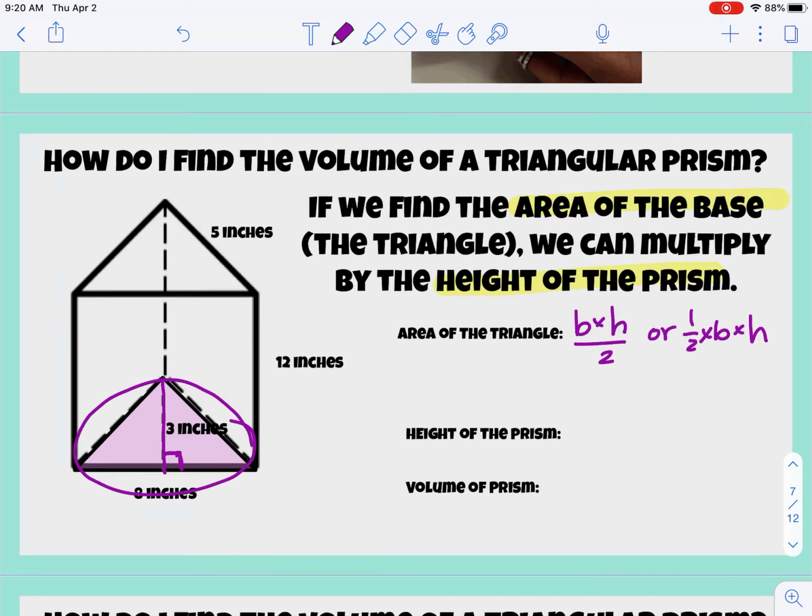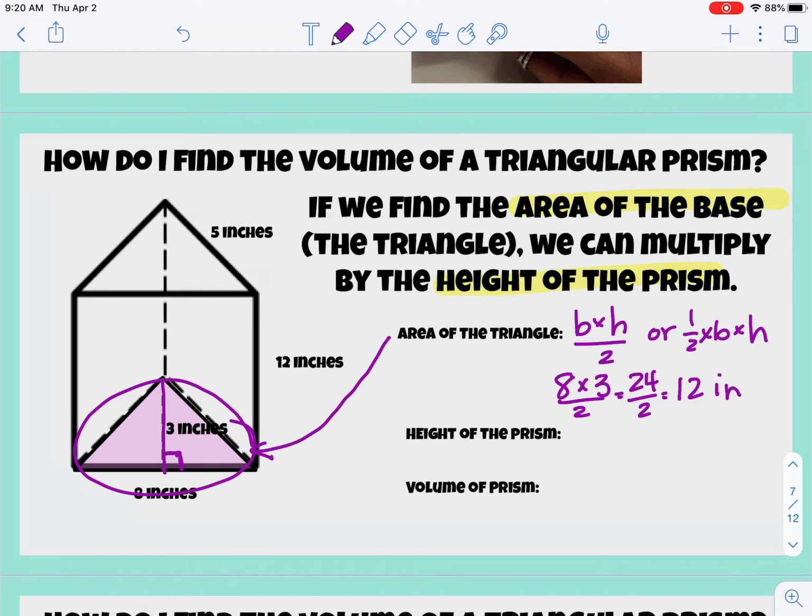So it looks like the base of our triangle is 8 inches. It looks like the height of our triangle is 3 inches. And then we're going to divide by 2. So we end up with 24 over 2 or 12 inches. So that's the area of this bottom triangle.